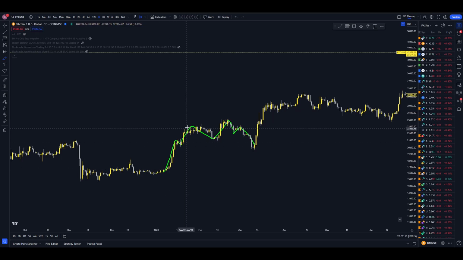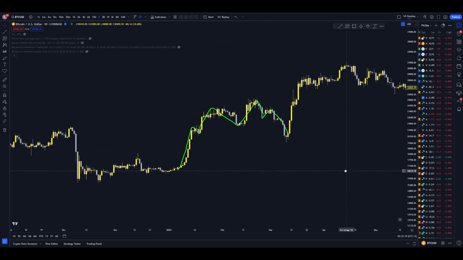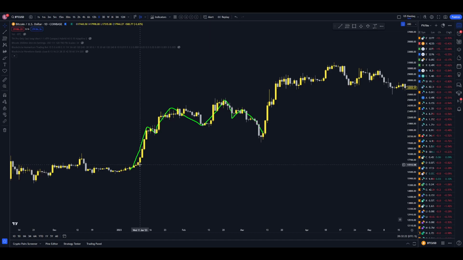We have this uptrend here and this downtrend here. I don't want to confuse you guys too much with multiple trends. Again, we're going to have videos specifically talking about multiple time frame analysis because it can get a little mucky, but it's one of our most powerful ways of analyzing.